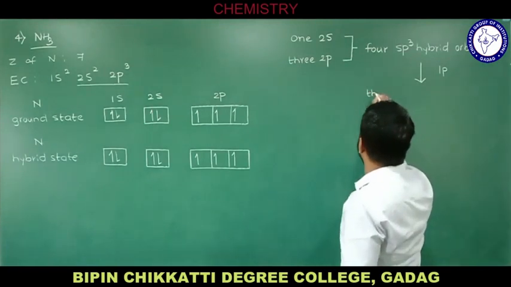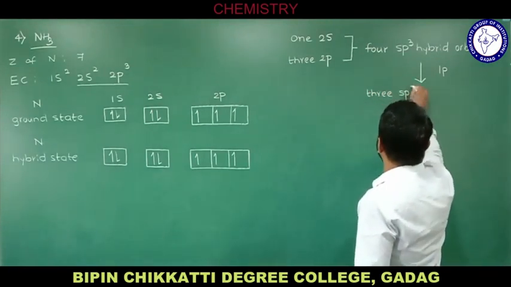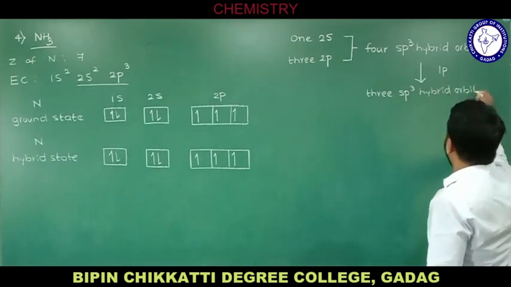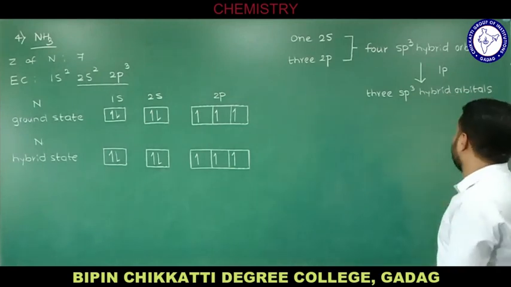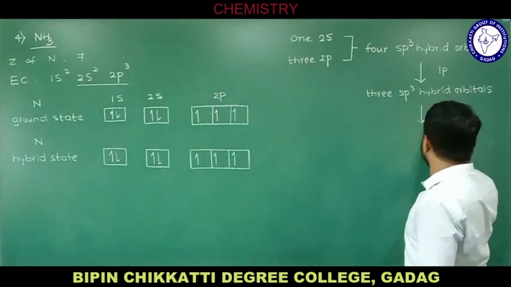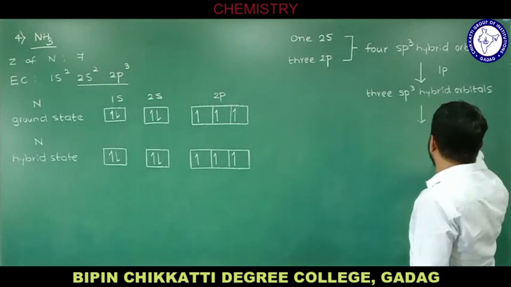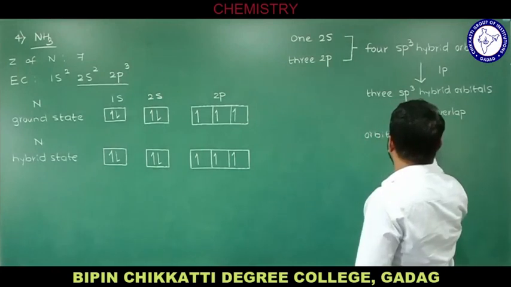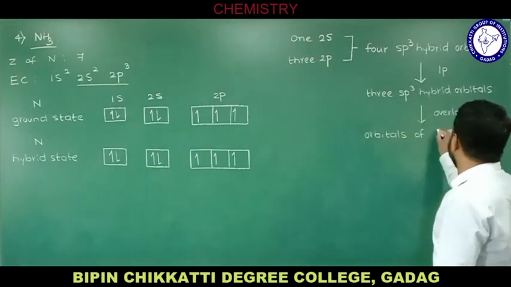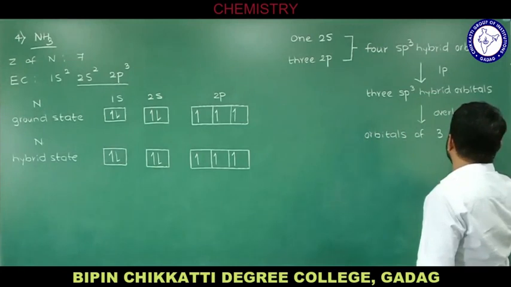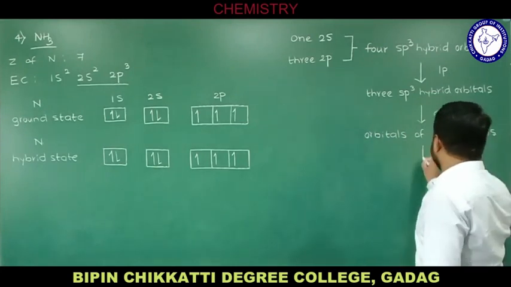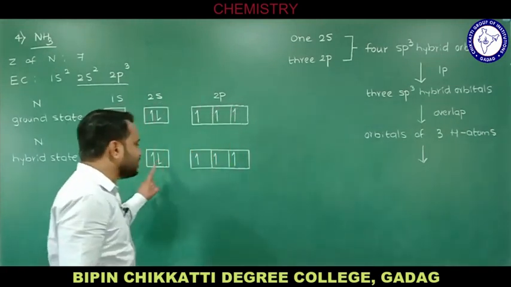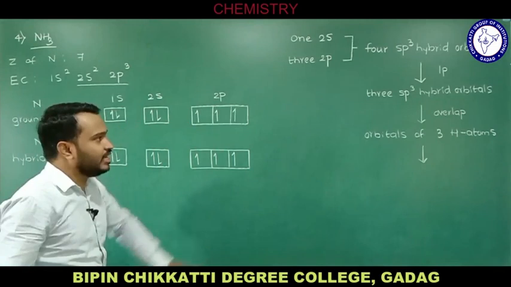Therefore we are left with 3, isn't it? We are left with 3 sp3 hybrid orbitals. So out of 4, 3 we are left with, and these 3 hybrid orbitals are going to overlap with the atomic orbitals of the 3 hydrogen atoms. When there is overlapping with the 3 hydrogen atoms, how does the overlapping take place? This is the lone pair of electrons. We are left with 3 hybrid orbitals.